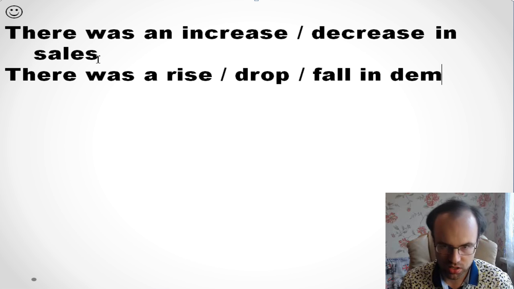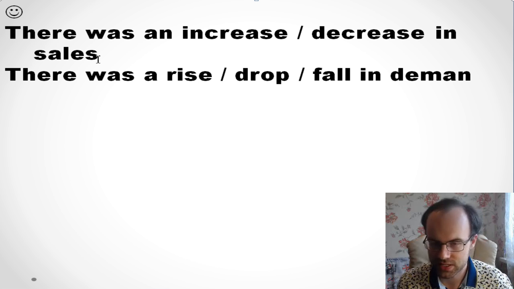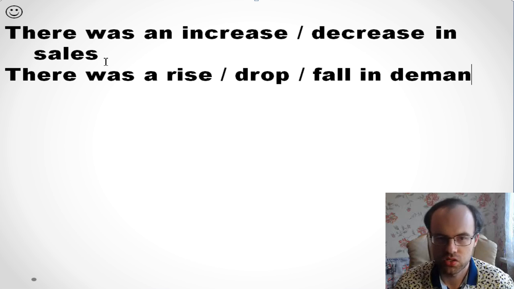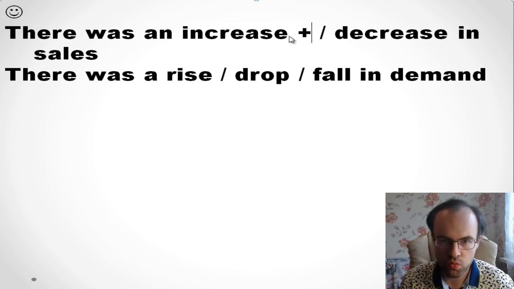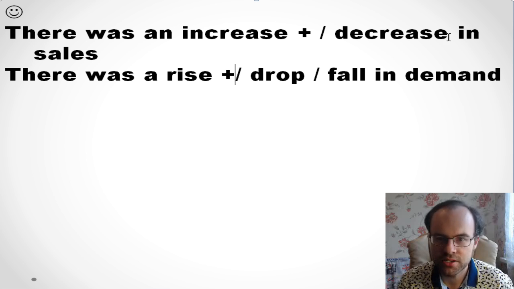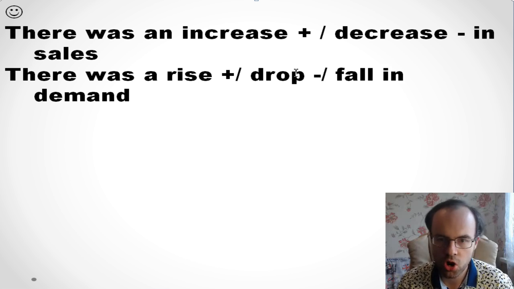It means that there was less demand in the end. So there was a rise, drop, fall in demand. So increase means more, like rise, and decrease means less, like drop and fall. It's less than it was.